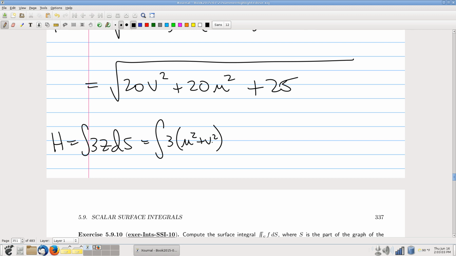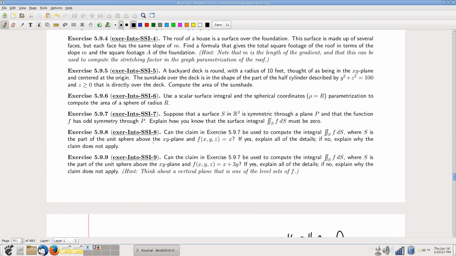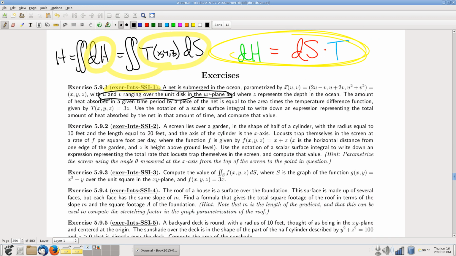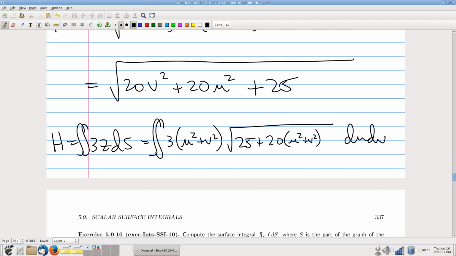The stretching factor is this square root of 25 plus 20 times (u squared plus v squared), and then du dv. Oh, and I'm sorry, this is a double integral. All right, now at this point, I'm already thinking polar coordinates. It's further compounded by the fact that u and v range over the unit disk in the uv plane, so it really screams polar coordinates, and in polar coordinates this integral is pretty doable.